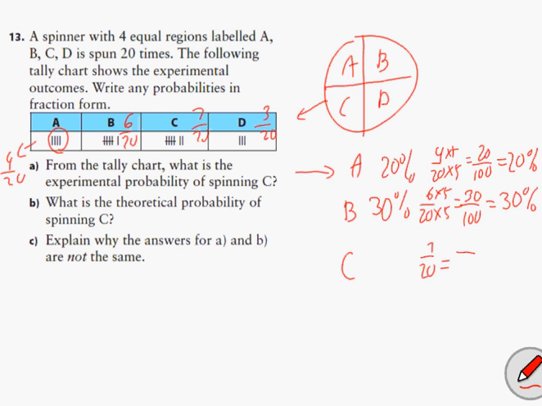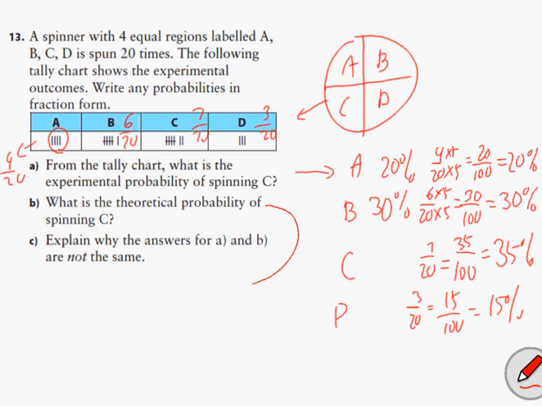It is 35, which means this is 35%. And D, 3 out of 20 is 15 over 100, or 15%.